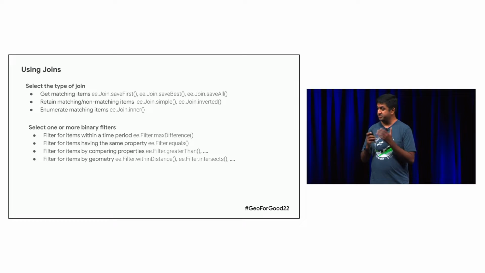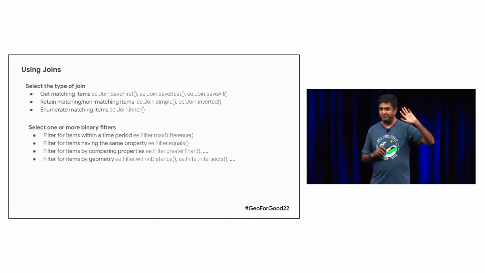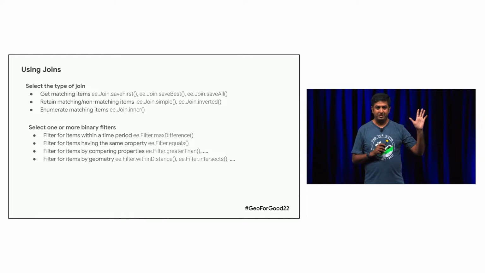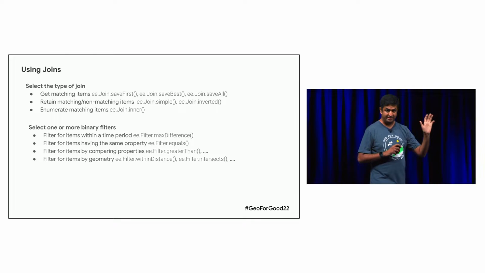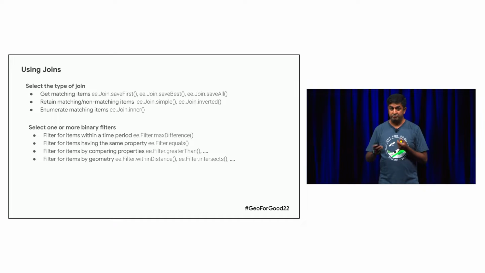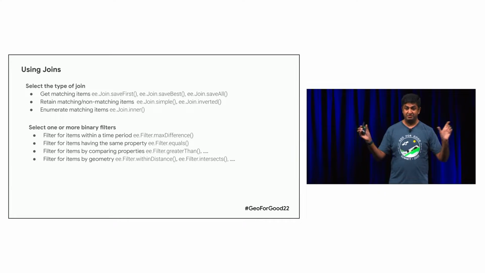Next, you select filters. Everybody who's used Earth Engine has used filters, but these are a different kind of filter. Remember when we applied the cloud filter on our time series, we said, give me all images with cloud cover percentage less than 30. So we are comparing a property of an image against a number. Here, what we want to do is find all images that have the same timestamp.